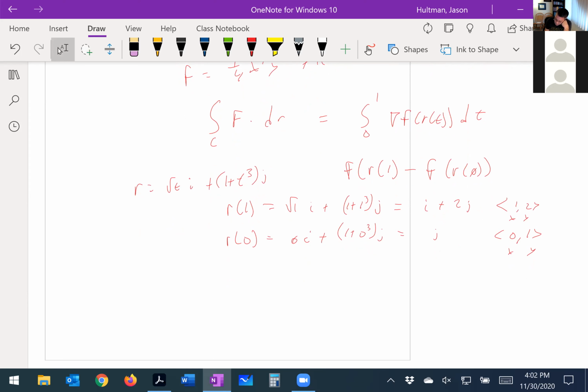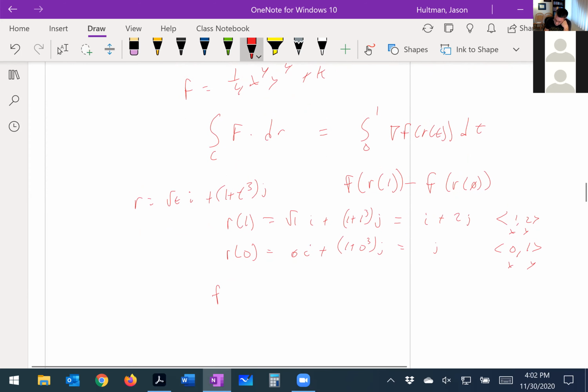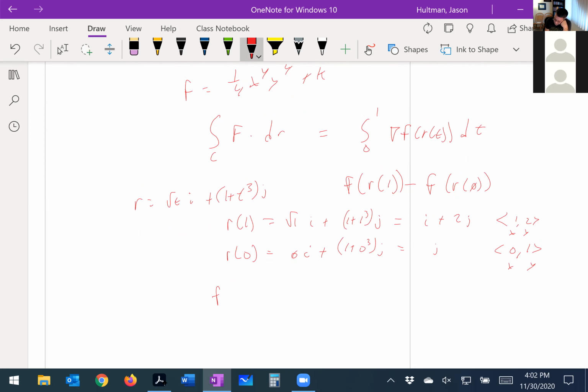Now I need to plug in for f, which we found. Our f was just 1/4 x to the 4th y to the 4th. So f of r of 1 is 1/4 times 1 to the 4th times 2 to the 4th, which is 16 divided by 4, that's just 4.